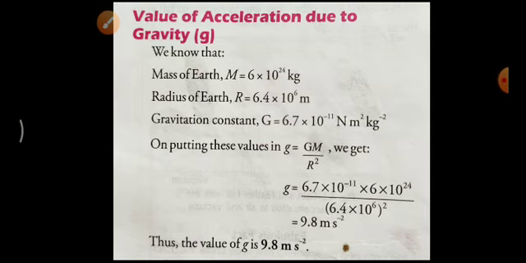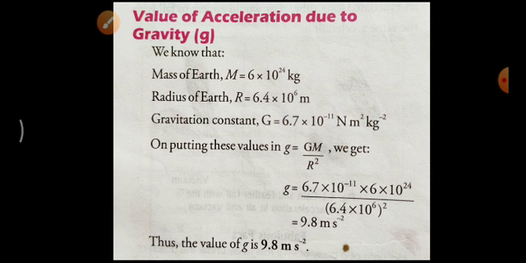Then the value of acceleration due to gravity, that is small g. We know that the mass of the earth, capital M, is equal to 6 into 10 to the power 24 kilogram. The radius of the earth is also a known quantity, that is r is equal to 6.4 into 10 to the power 6 meter. The gravitational constant is also known, that is capital G is equal to 6.7 into 10 to the power minus 11 Newton meter square per kilogram square.